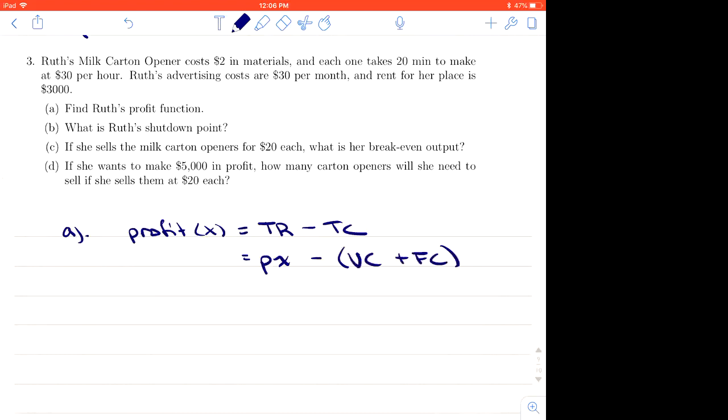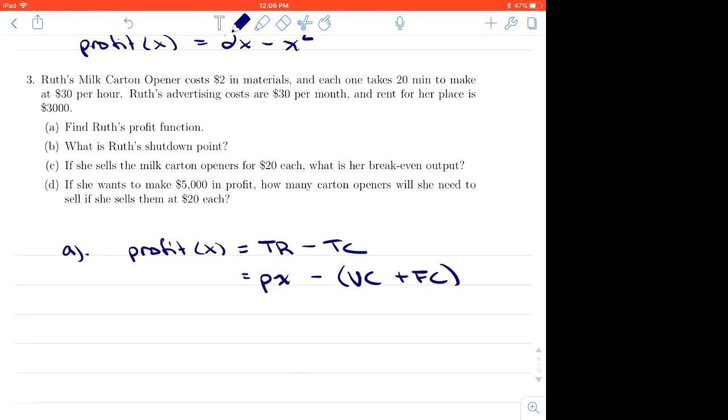So from here, we can read back and say, okay, well, each opener costs $2 in materials. So for each opener that we produce, we have a variable cost of $2 per unit. But it also takes time to make a carton opener. So it takes 20 minutes to make one, and she charges $30 an hour.